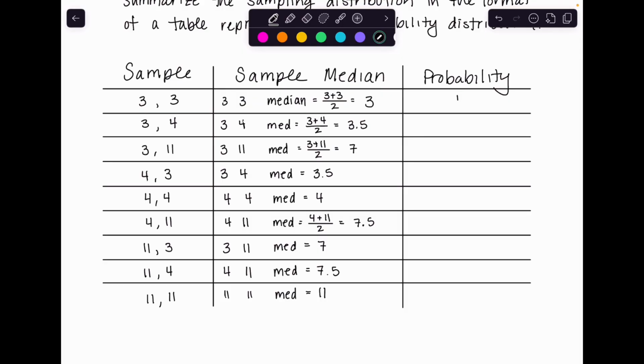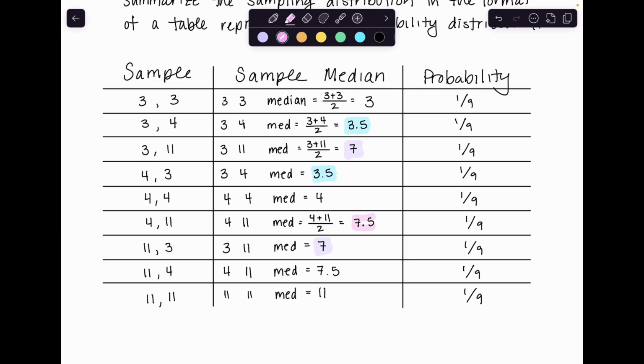So my probability, 9 samples, again, same equal chance for all of them. So you have a 1 in 9 probability. Now to condense this, I want to see what repeats. So we've got 3.5 appearing twice. We've got 7 appearing twice.